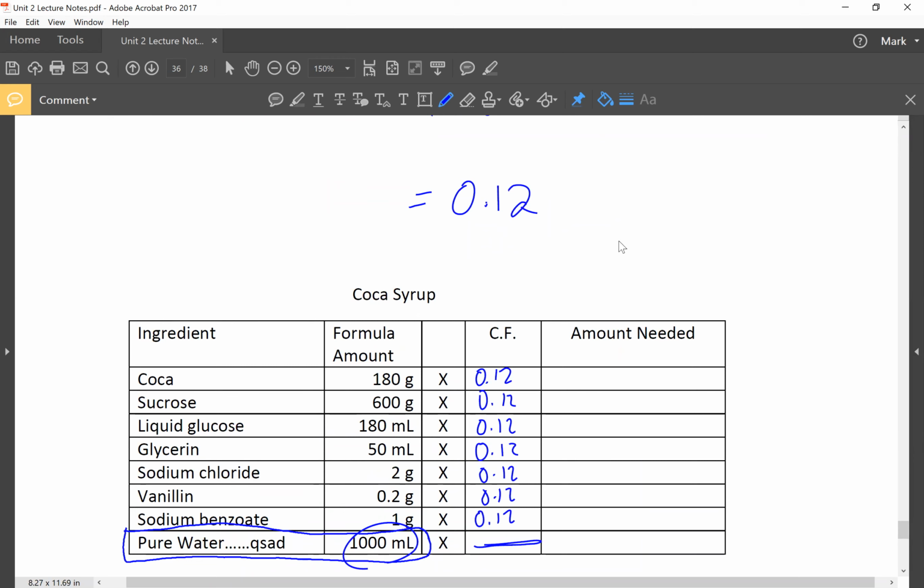Somebody in the chat, Dominique, wrote me a private message. The conversion factor is 0.12. So that's it. Multiply all these things by 0.12.